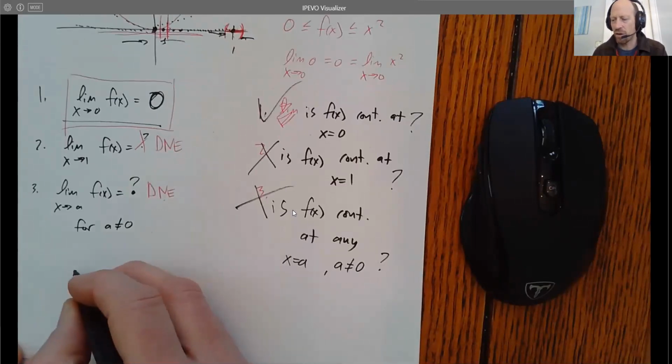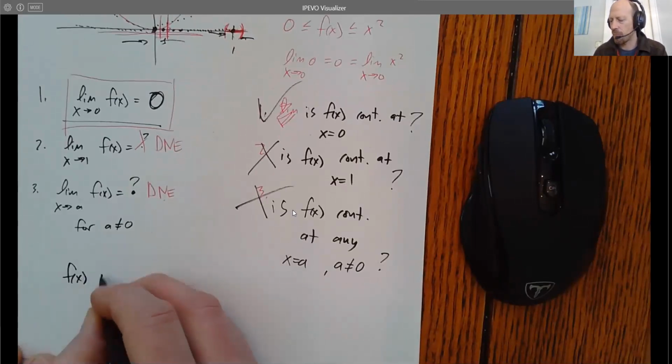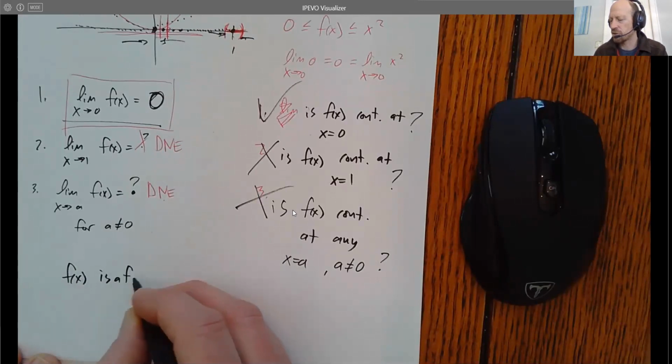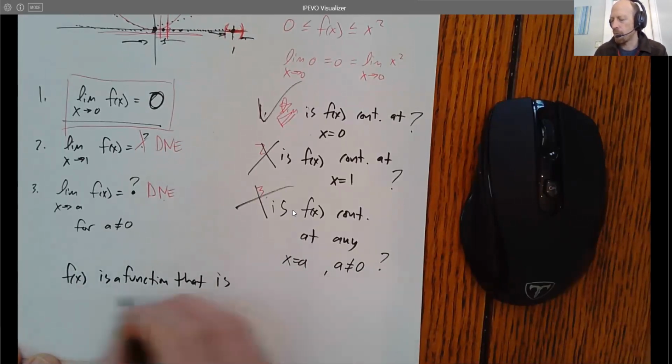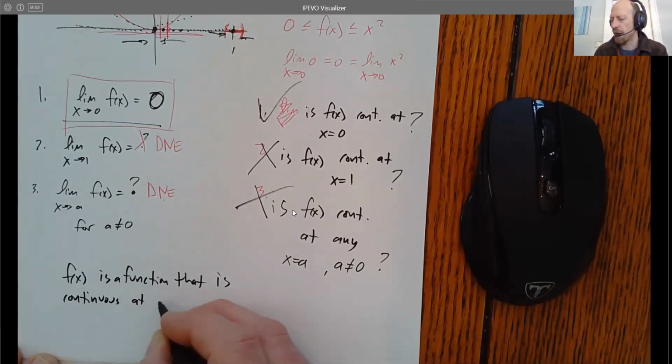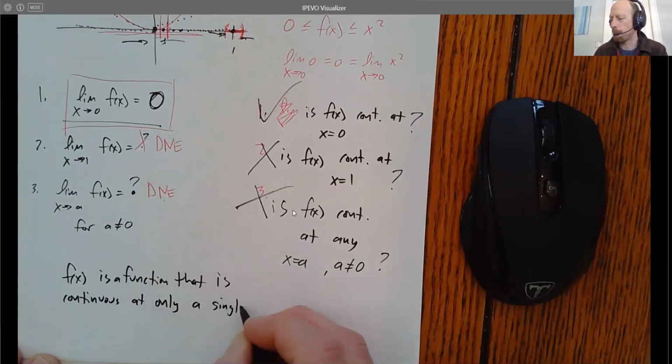So what we have here, f of x, is a function that is continuous at only a single point.